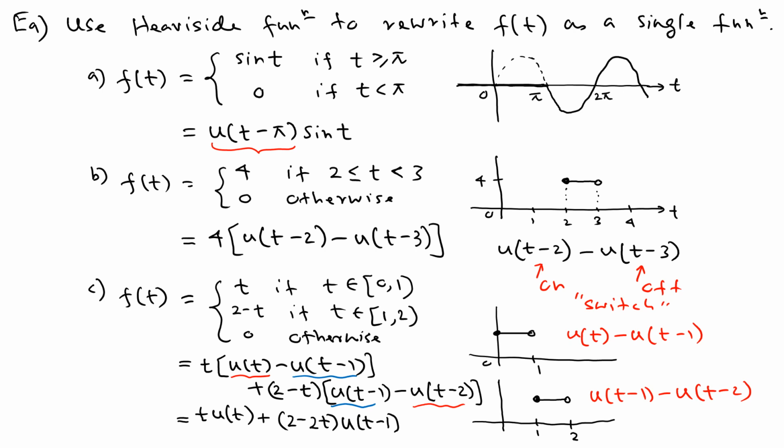And then finally you have just one function for 2 minus t, but with the negative sign, so you can write this one as plus (t minus 2) times u(t minus 2). So that's the final answer. That's just one function, but that's a switch for this piecewise function.